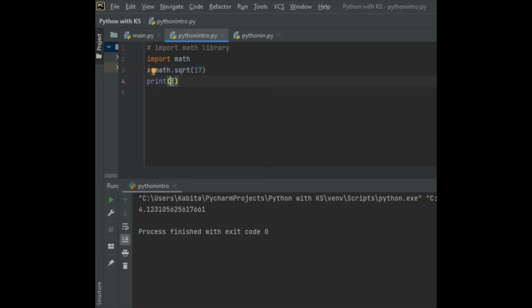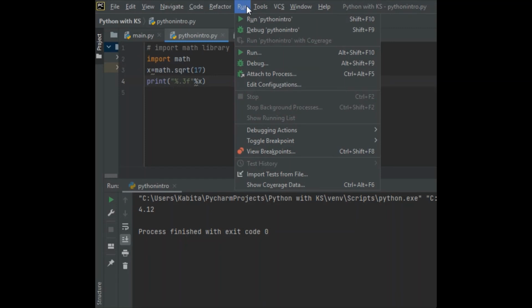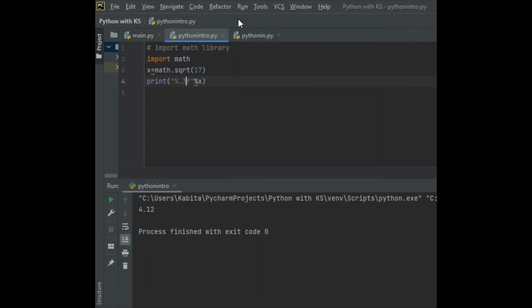Then in the quote, percentile point 2 f percentile x. So the result is up to 2 decimal places. If you would like to change it up to 3 or 4, say 3, then the result is 4.123.